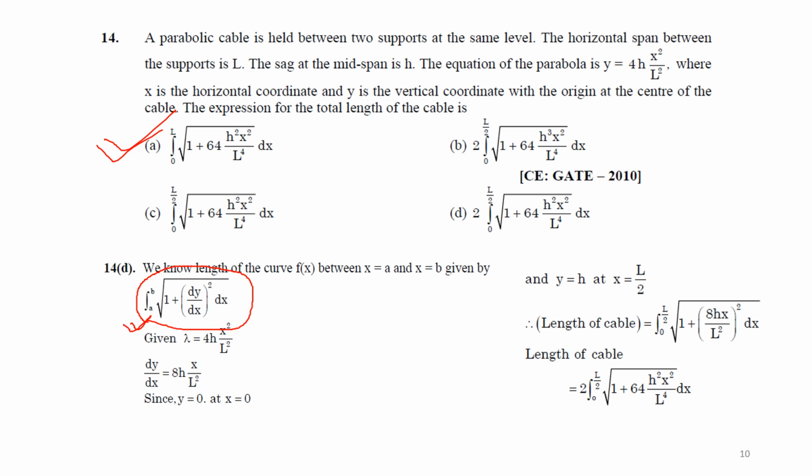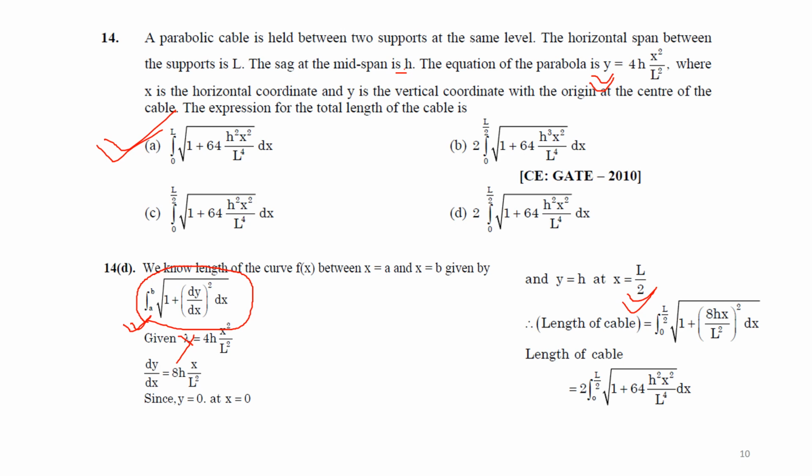Anyway, this is a to b, root of 1 plus dy by dx whole square dx. Here y is given, y equal to h, with x going up to L by 2. Now you have to differentiate this with respect to x.